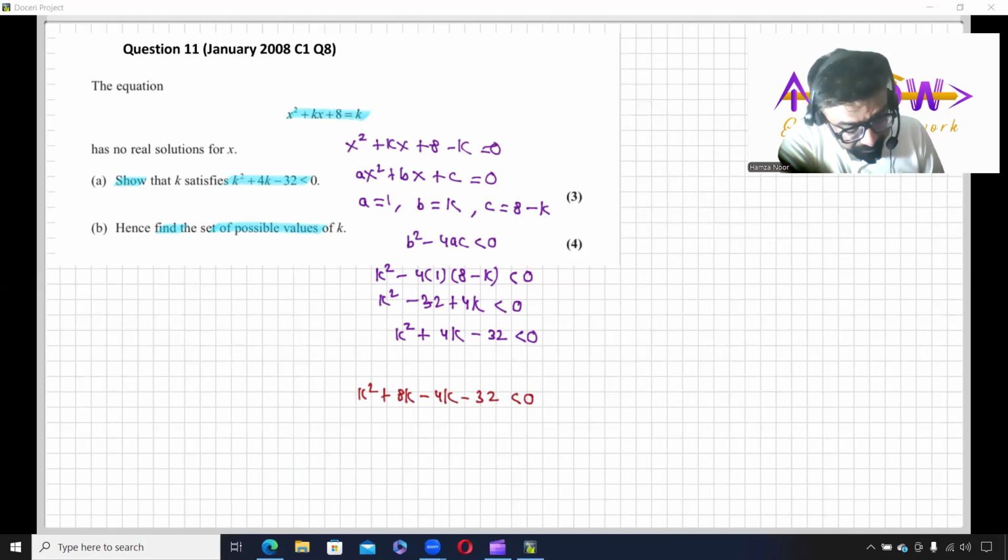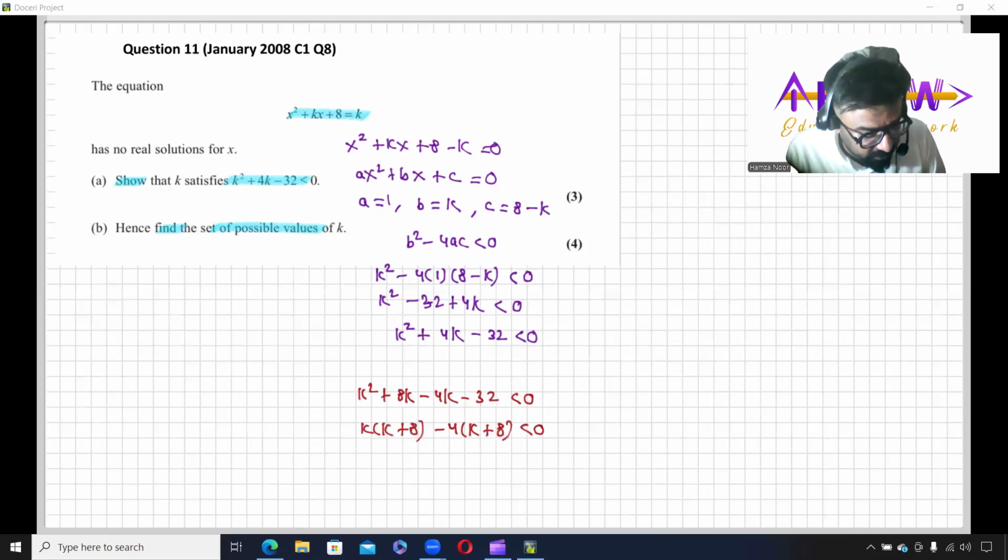Taking k as common multiplied by k plus 8, taking minus 4 as common multiplied by k plus 8, and this whole thing is less than 0. So this means that k plus 8 multiplied by k minus 4 is less than 0.